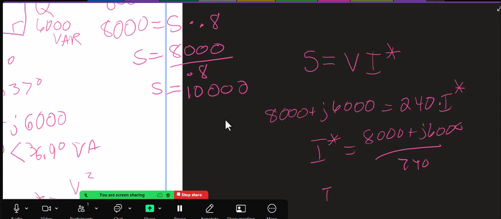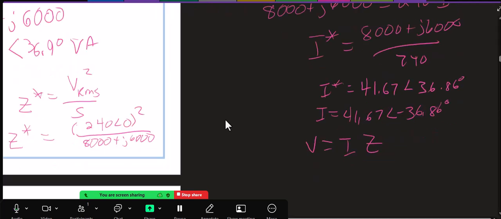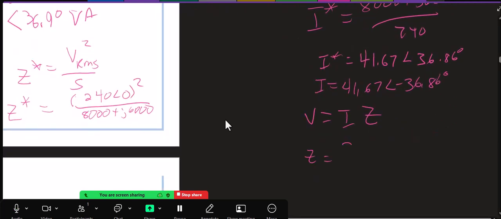So I get that I conjugate is 41.67 angle 36.86 degrees. So I is 41.67 angle negative 36.86 degrees. And then once I have I, I can say that V equals I Z, or Z equals 240 over 41.67 angle negative 36.86.